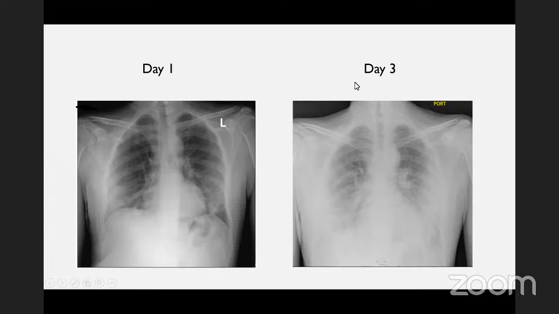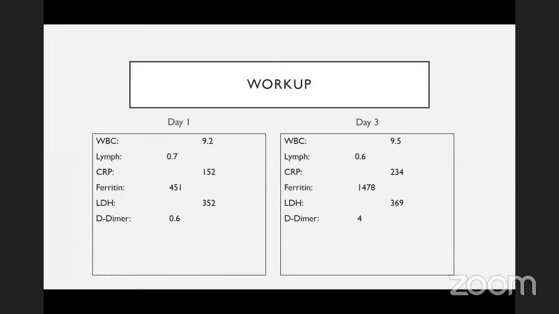But later, on day 3 of the admission, he had worsening in his X-ray and worsening in his symptoms, mainly shortness of breath, and he required oxygen supplementation. In his workup, he did not have any leukocytosis, but he had lymphopenia from the beginning. He had high inflammatory markers: high CRP, ferritin, LDH, and D-dimer.